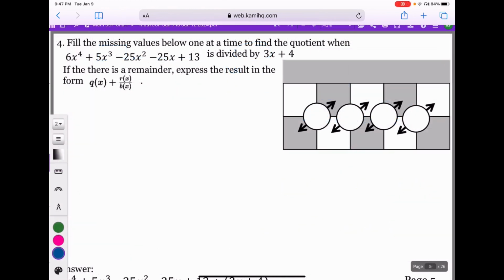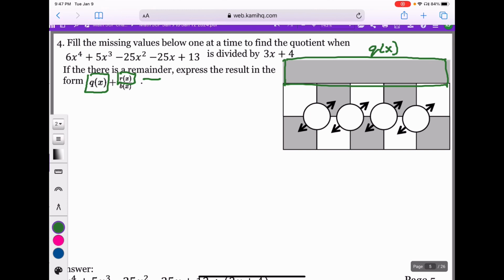I just realized that number 4 is different than the other problems you've been doing because there will be a remainder. So the main thing that you have to know is what these symbols mean. So they're saying find the quotient, which is the rectangle up here, the quotient polynomial.